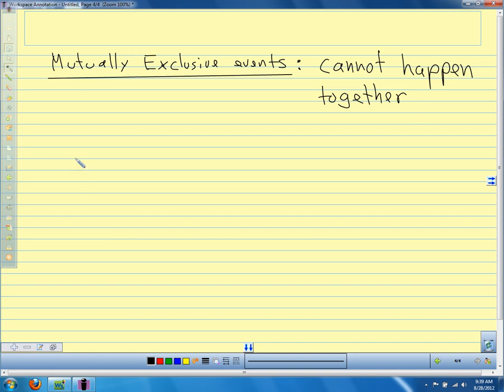The way we write that is we say that the probability of both together, A and B, equals 0. They can't happen together. So what we can do with mutually exclusive events is calculate the probability of one or the other.